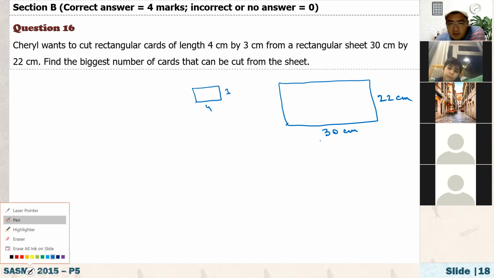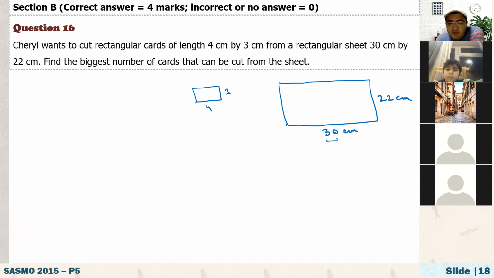For example, here the 30 is divisible by 3, right? And this 22, I will cut like this from here. So this part, let's say, is 16. The remaining part is 6.